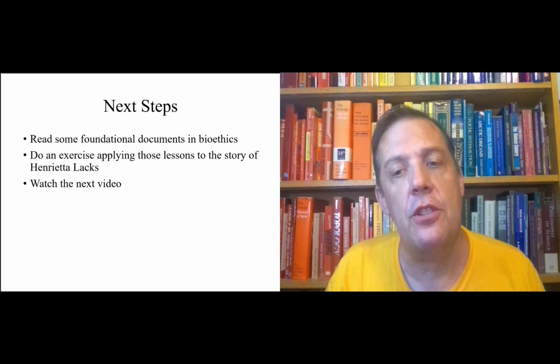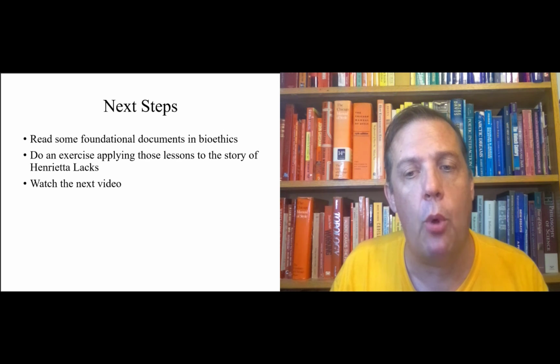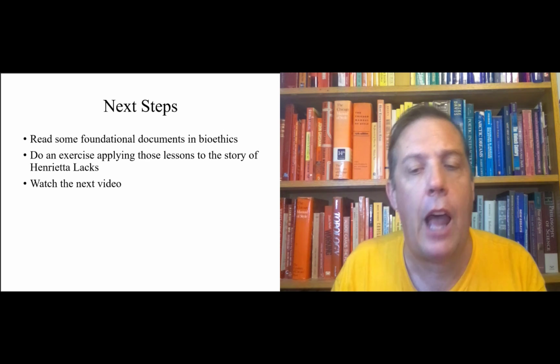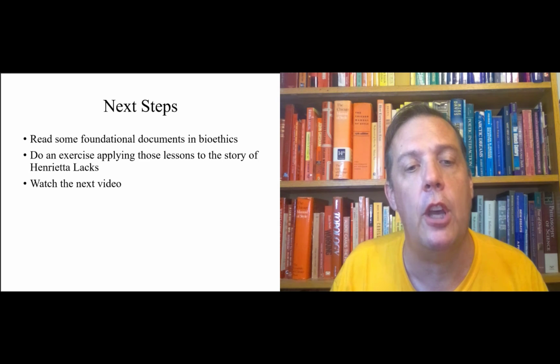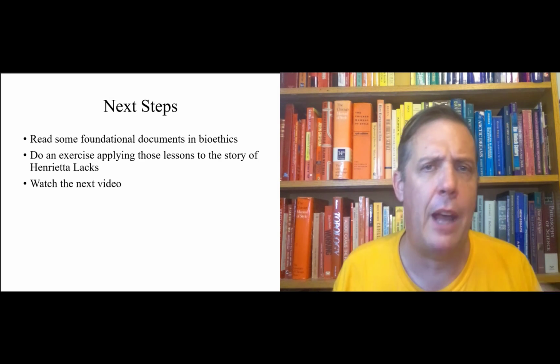And you're going to do an exercise next where you apply the lessons of the Belmont Report to Henrietta Lacks, and then there's going to be another video where I talk about the exercise and what you might have learned from it.